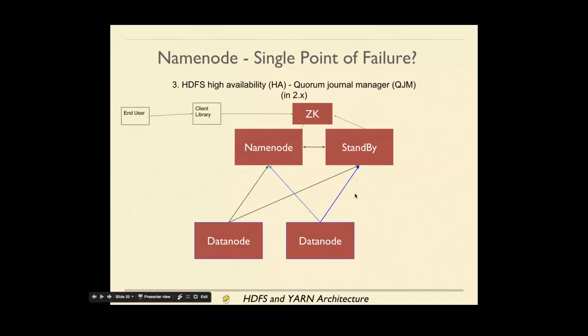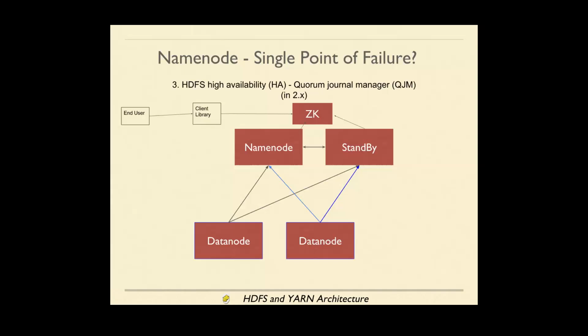All right. So zookeeper is also called quorum journal manager in this case, because in the quorum journal manager we are trying to manage a quorum of the nodes. That's how it works.